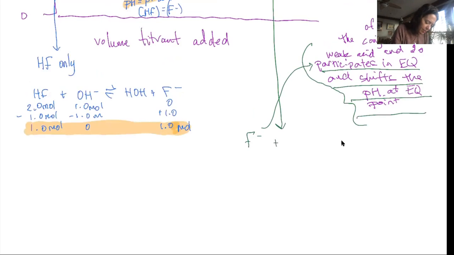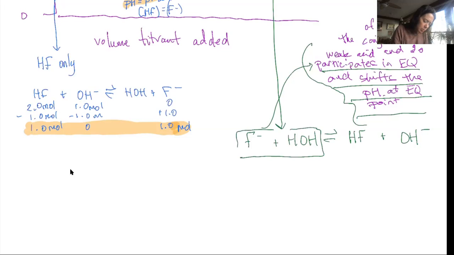So F is the only thing present, participates in equilibrium with water. F is a strong conjugate base. F participates in equilibrium with water.